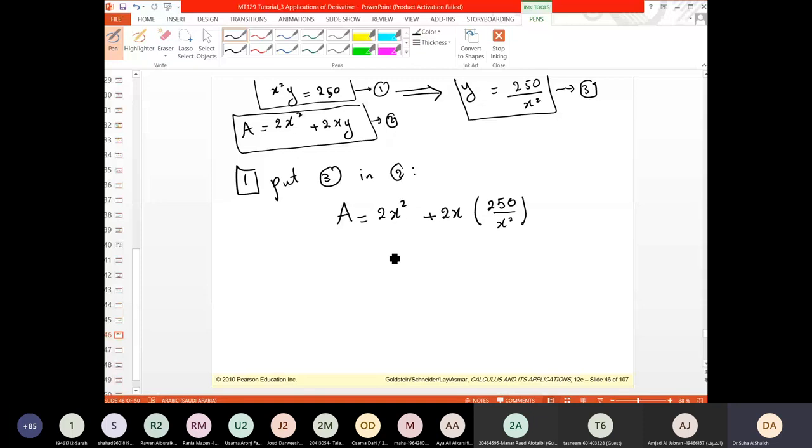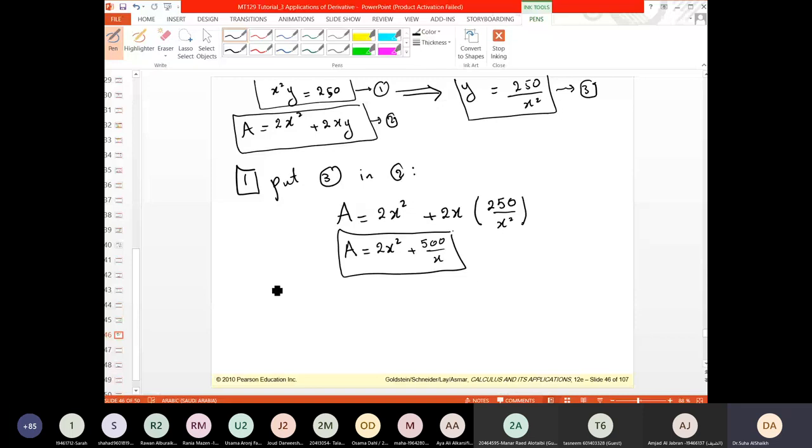Simplify it, A equal to 2x squared. One of the x's cancels here. This will be 500 over x, and this will be my equation for A with all x's.